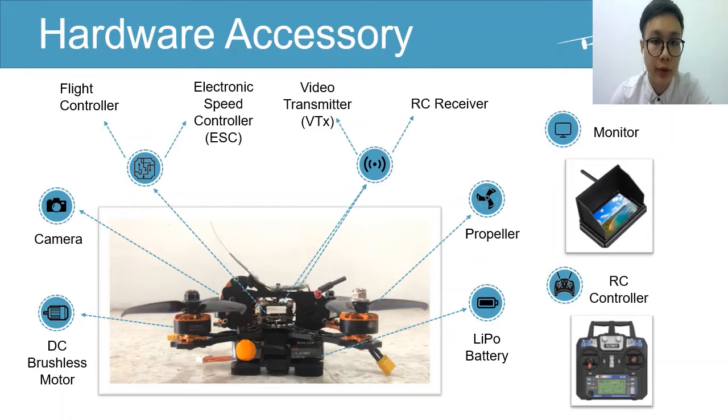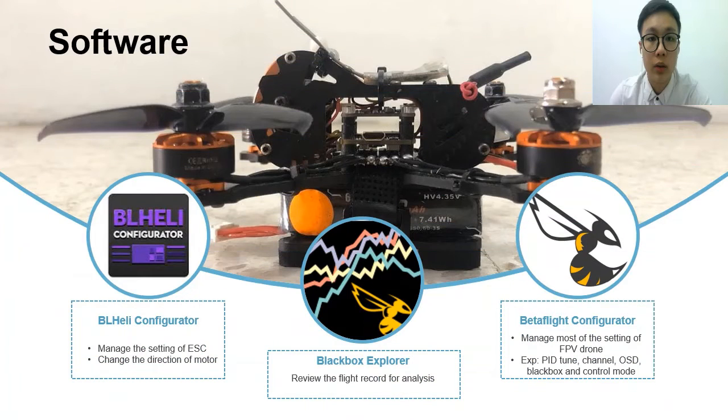The hardware accessory required to assemble a FPV drone. So there are a total of 10 hardware required to complete an FPV drone. Apart from the hardware, the software includes BL Heli configurator, which is used to manage the setting of the ESC and the motor.